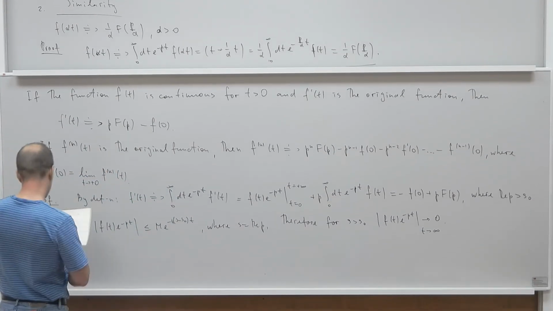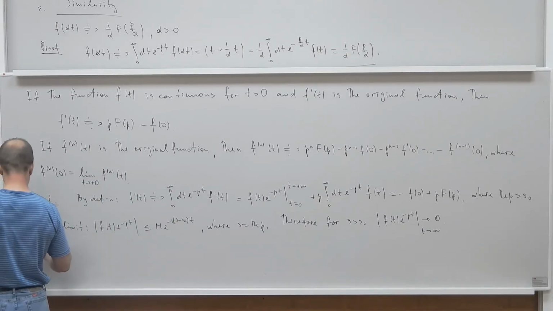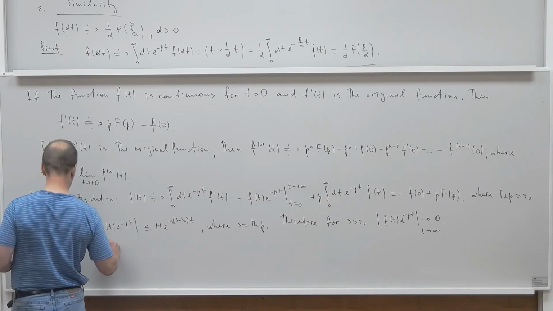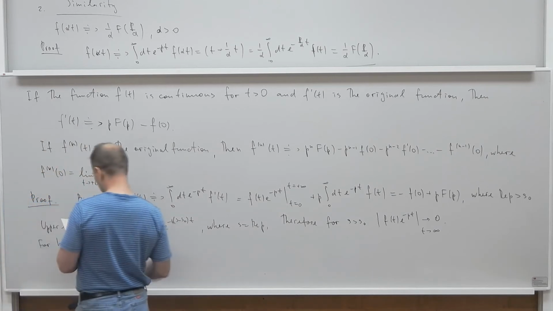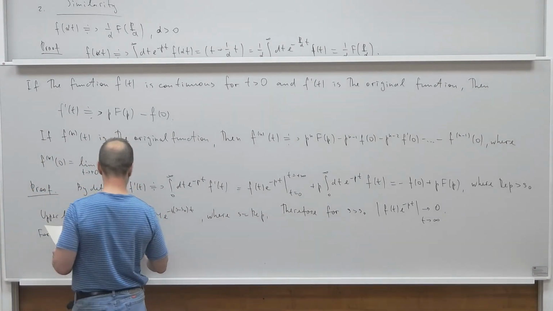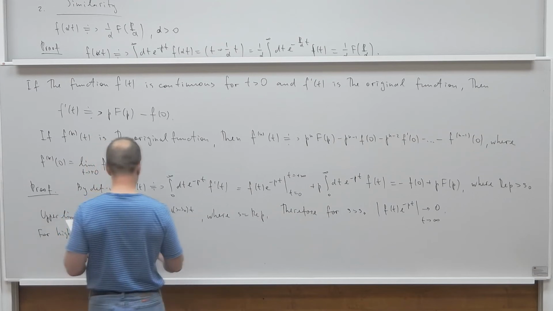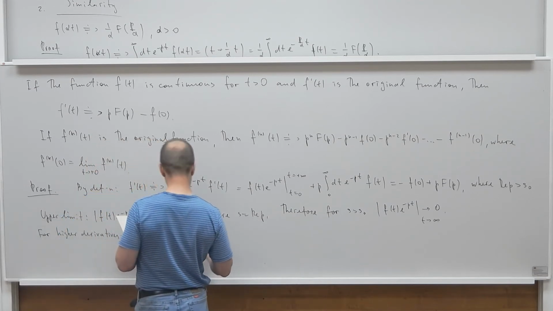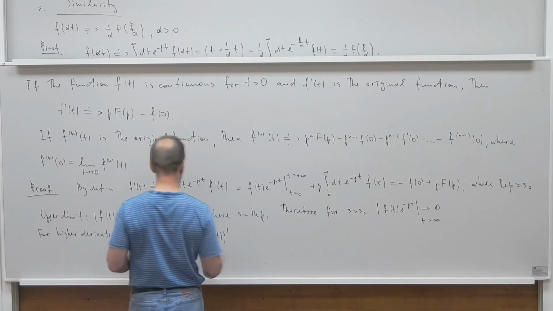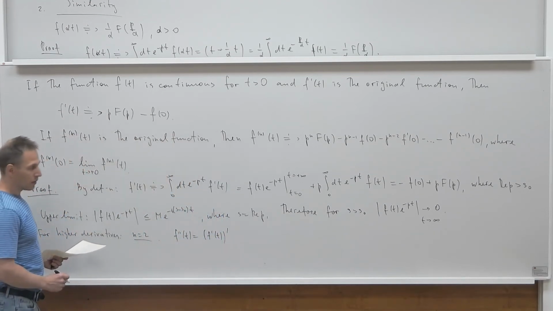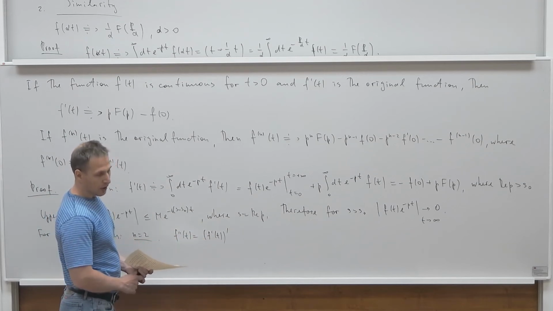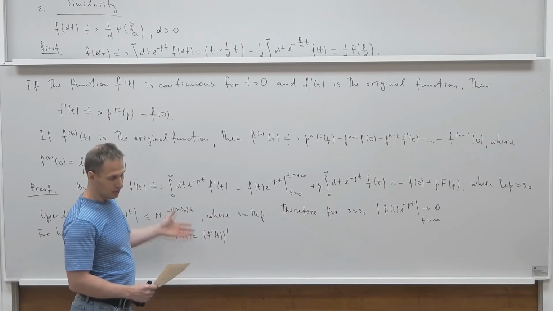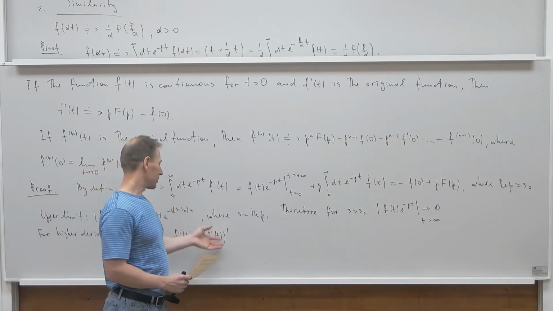And as for higher derivatives, we consider the case n is equal to 2. Then we can just apply the formula for n is equal to 1 to the first derivative of the function f of t, writing the second derivative as a derivative of the derivative.